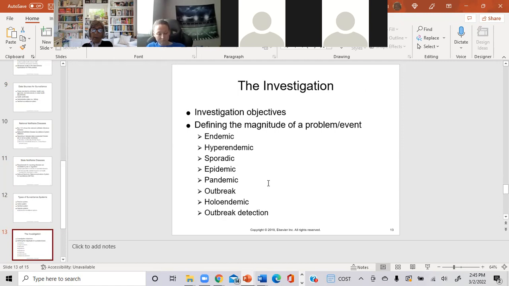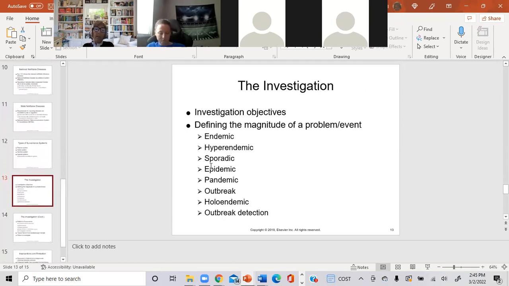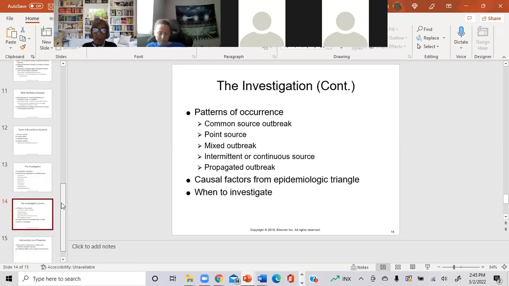And then defining the magnitude of the problem. Is it endemic? Is it hyperendemic? Is it epidemic, pandemic? Is it an outbreak? Just knowing that there are many different definitions of what you can find in an investigation. I don't need you to memorize those, but we do need to know the patterns of occurrence.